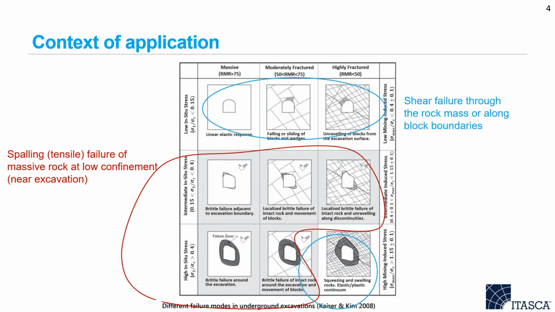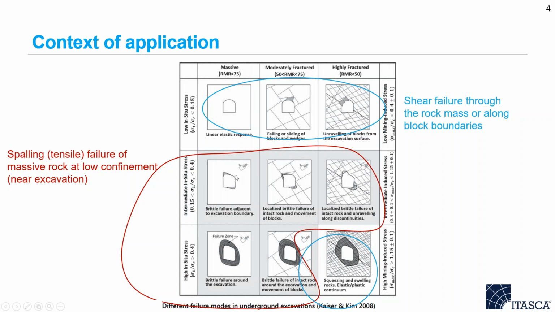In other situations, when we have a massive to moderately fractured rock mass, so a rock mass with a high GSI and relatively high in situ stresses, we can have failure in the form of tensile cracking in low confinement zones, as you can see here.